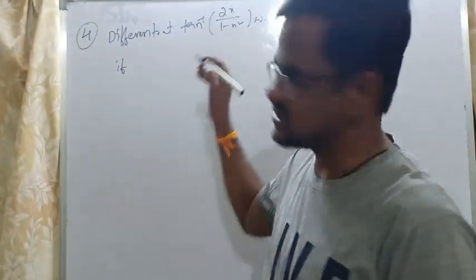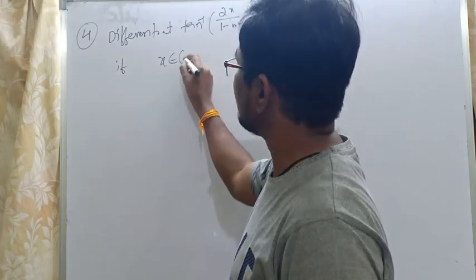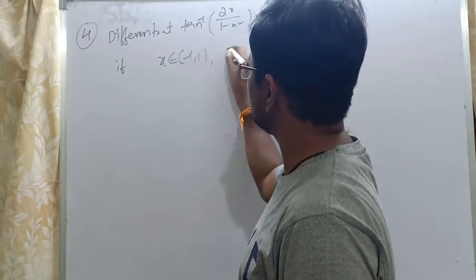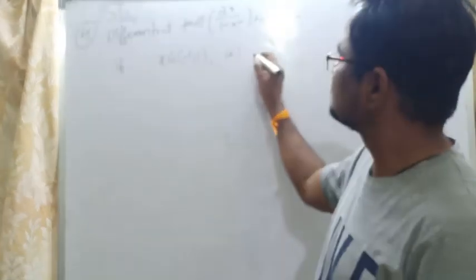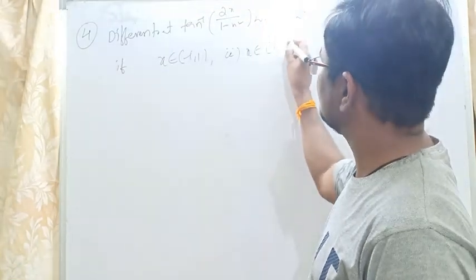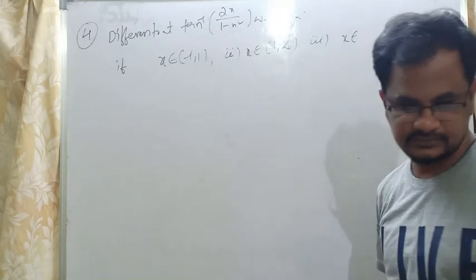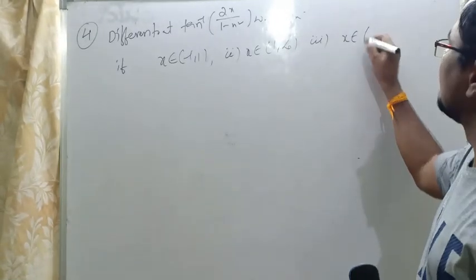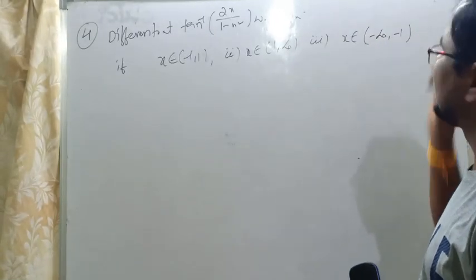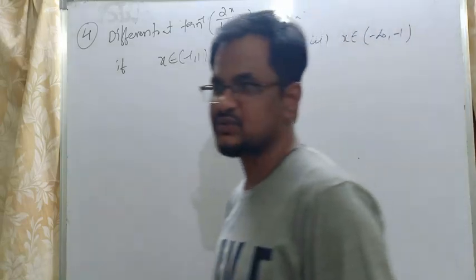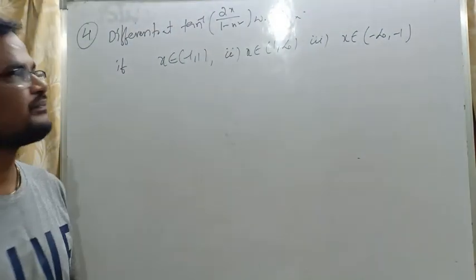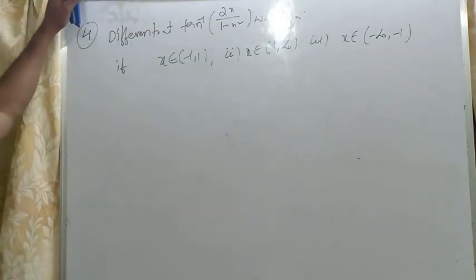First condition is x belongs to minus 1 comma 1, second condition is x belongs to 1 to infinity, and third one is x belongs to minus infinity to minus 1.